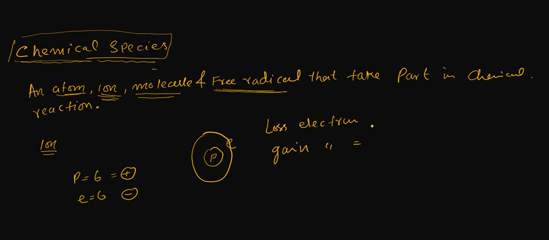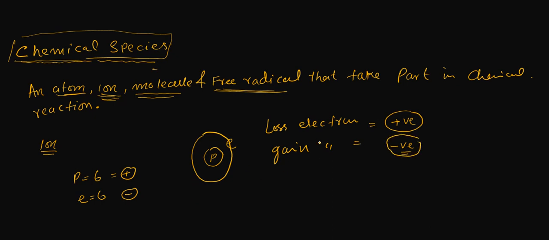By doing this, it gains either a positive charge or a negative charge. So when an atom loses or gains electrons, a positive or negative charge appears on the atom, and this forms an ion.